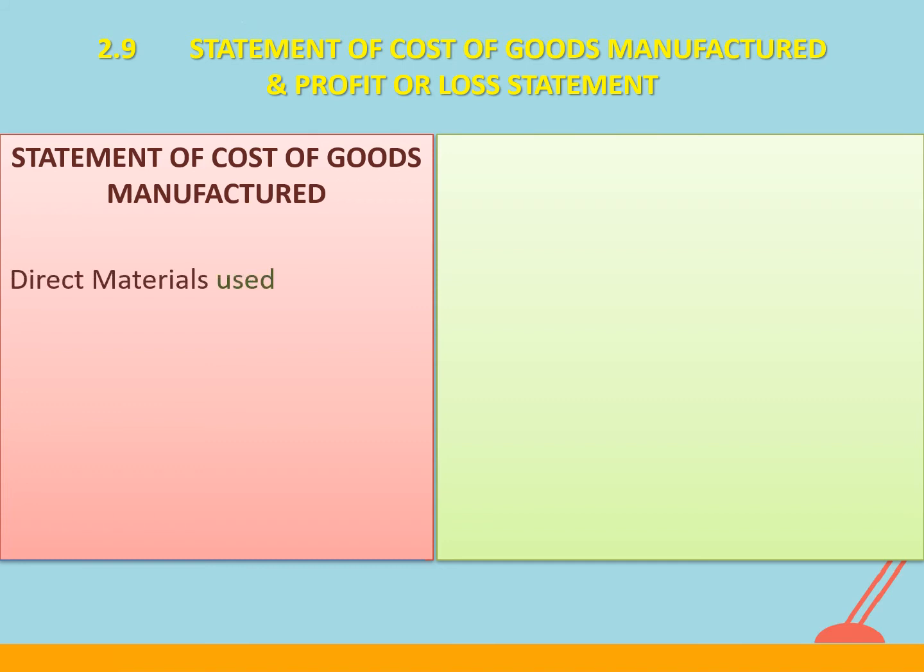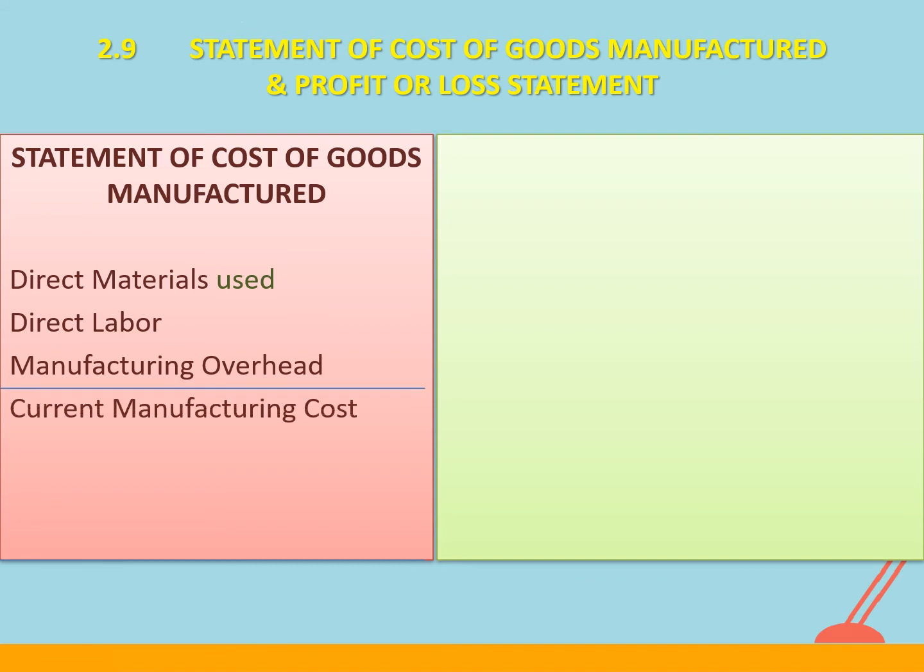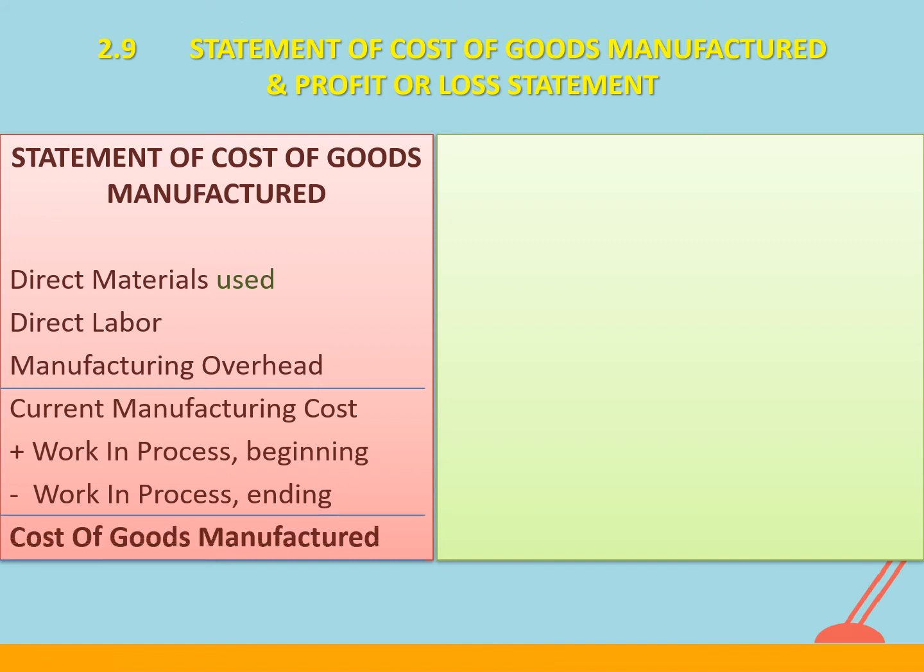Direct materials used plus direct labor plus manufacturing overhead will give us current manufacturing costs. We will then add the work in process beginning and minus the work in process ending. The result is cost of goods manufactured.